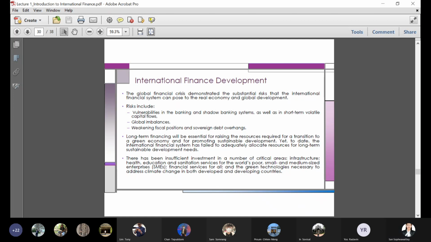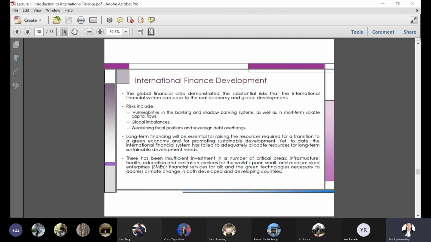After the GFC, there have been a lot of efforts by the international community like the FSB, the IMF, and the BIS, for example, to implement reforms, especially in terms of financial regulations. But until now, we can see that there are still significant risks that remain in the global financial system.